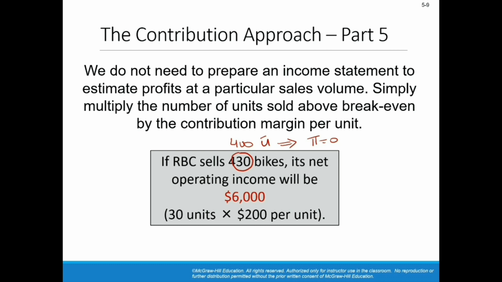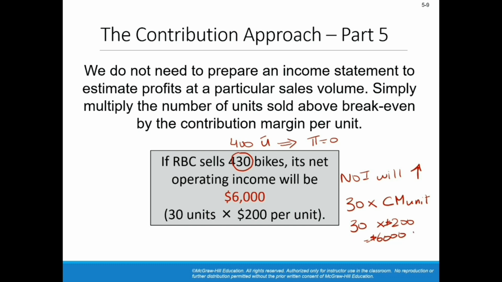Now at 430, it means that your net operating income will increase by 30 multiplied by CM unit, which is basically 30 multiplied by $200, and this is equal to $6,000. I know that at 400 my net operating income is zero, therefore at 430 it will become 6,000.